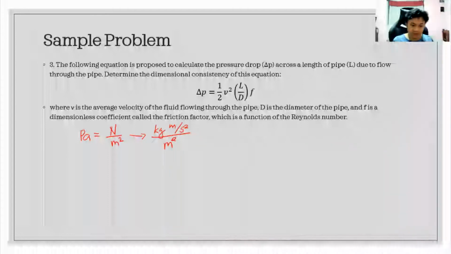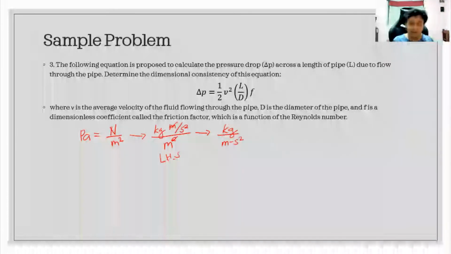If you simplify this further, you will divide the m's here. The remaining units will be kilogram per meter second squared. So that's in the left hand side.